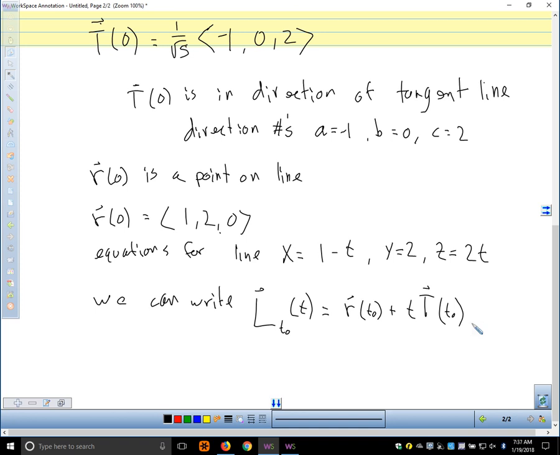So this would be the vector equation for the tangent line at t0. Yes? Is that figure an L or a right angle? This is an L for the line. So a compact way of notating the tangent line at a particular point.